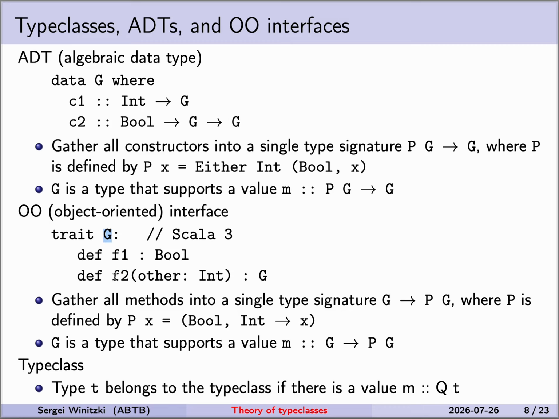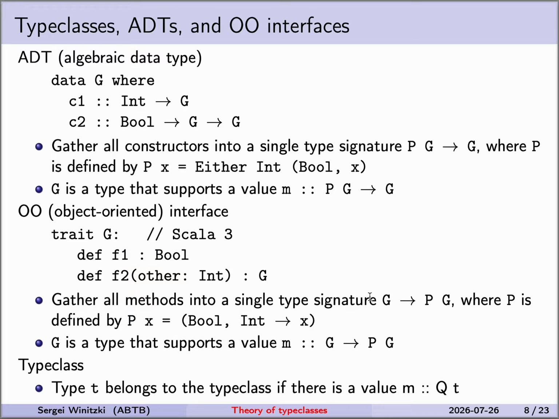And so from the point of view of type theory, you have to write out this first implicit argument, which is G. So then the function f2 actually has this type signature G to int to G. So similarly, we can gather these two function signatures into a single type signature of this form. And the first argument is always going to be G. So we uncurry everything as much as possible. So to get the first argument, which is this implicit object-oriented argument, in Scala it's called this. So this is always available when you declare these functions.